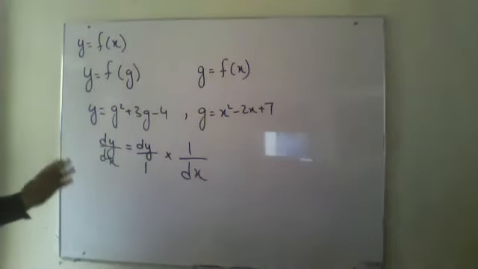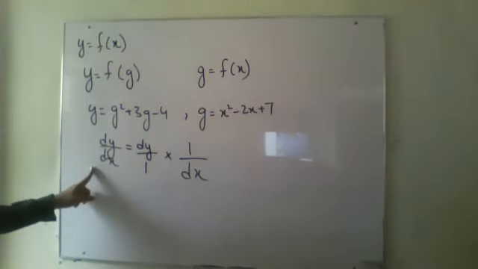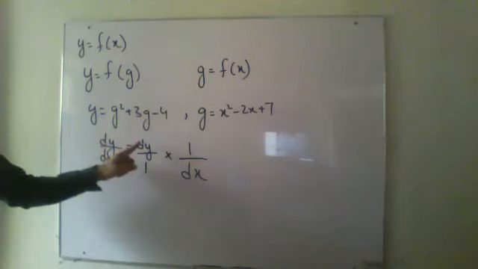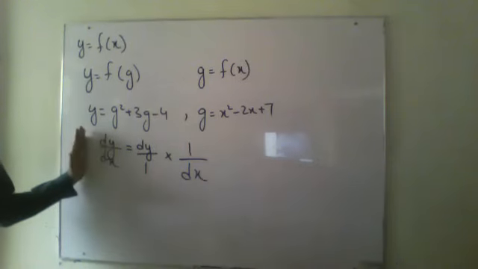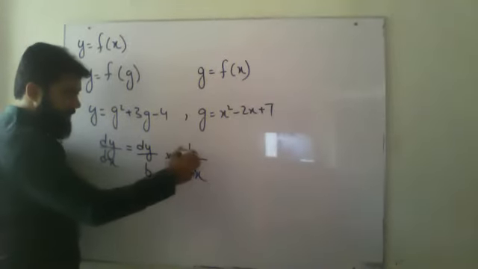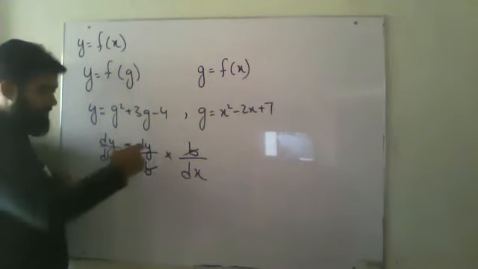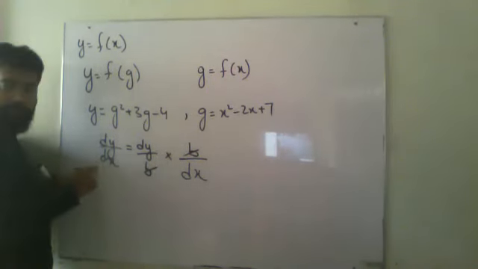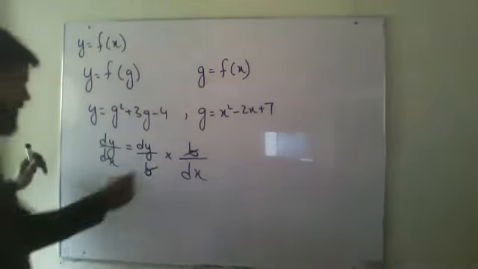If I solve this, this thing will be equal to this: dy over 1 multiplied by 1 over dx. Or if I write, for instance, b over here and b over here, this and this can get cancelled, and dy and dx will be equal to this one. That's the main concept I'm talking about.